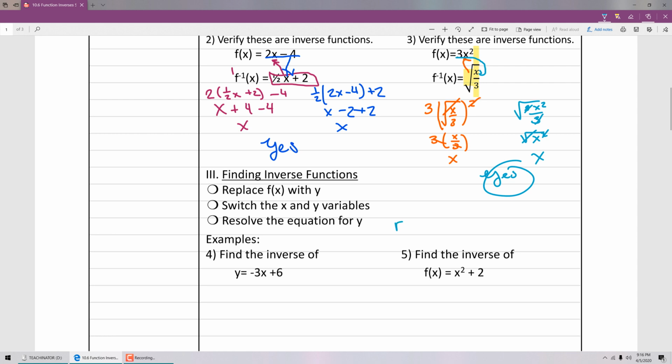So the inverse is f of the inverse of x. That's how it will be written, kind of like it is up here.